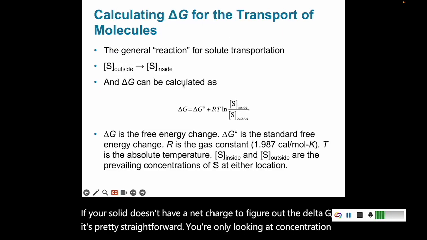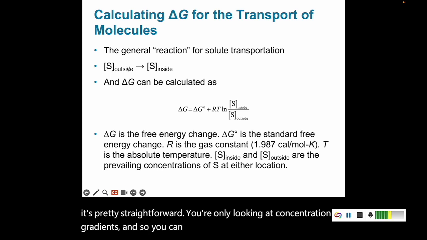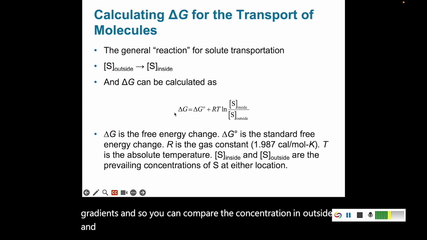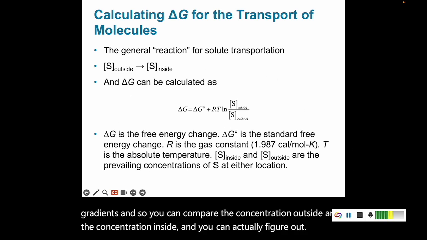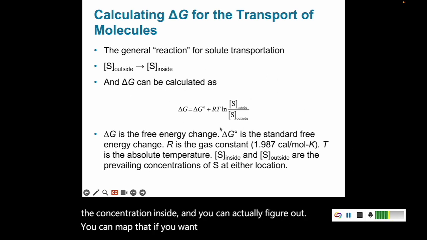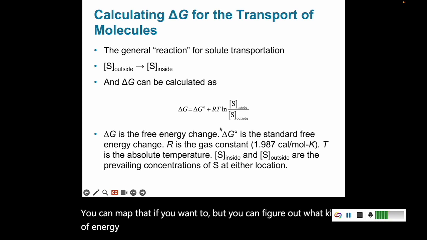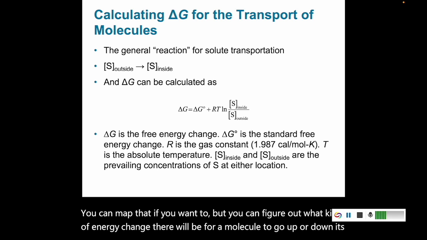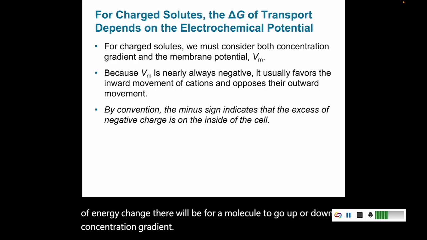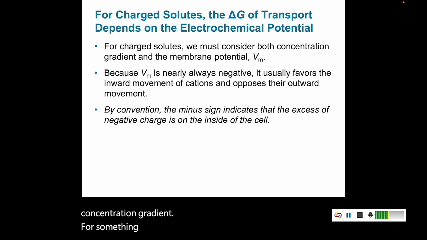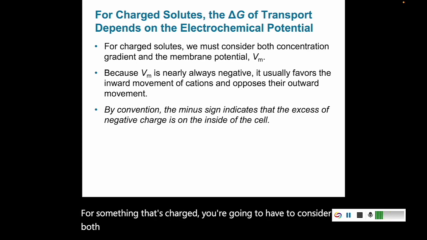And so you can compare the concentration outside and the concentration inside, and you can actually figure out, you can math that if you want to, what kind of energy change there will be for a molecule to go up or down its concentration gradient.